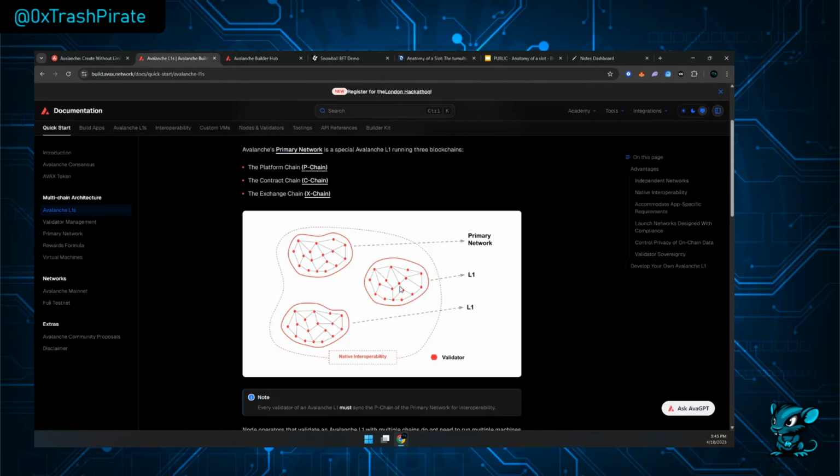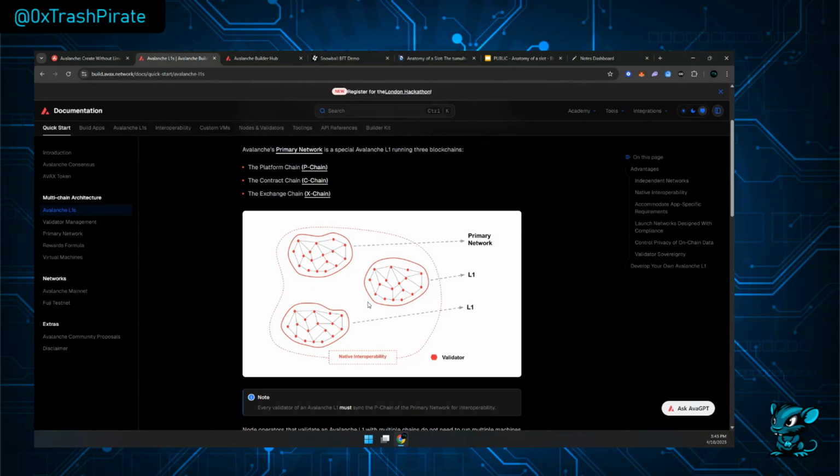They can opt in and out as they want, to secure the primary network but also the subnets that are out there. And these subnets are isolated, so you can have very application-specific subnets.